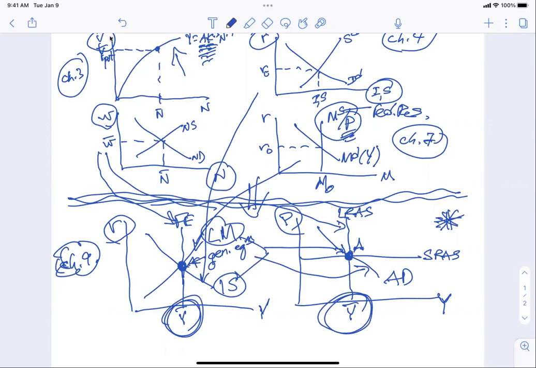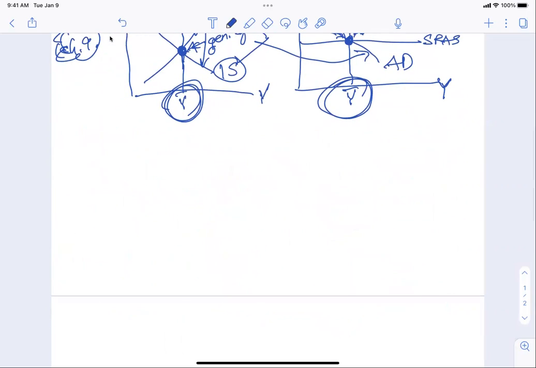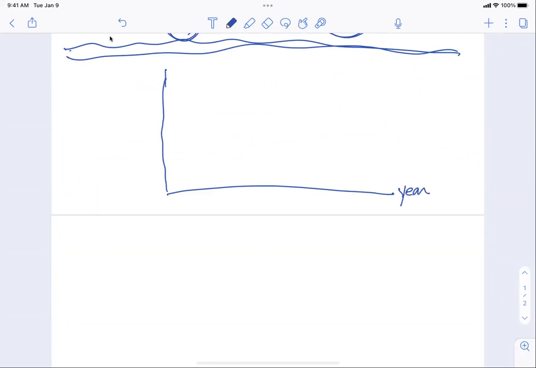Let me say one other thing, and then let's go through an example here. So this is not a model, this is data. Let's say we have calendar year on the horizontal axis and real GDP on the vertical axis.